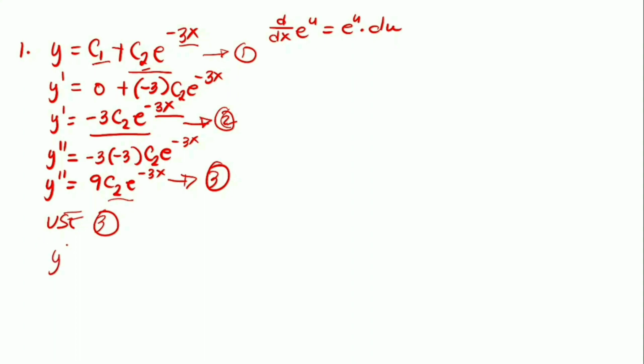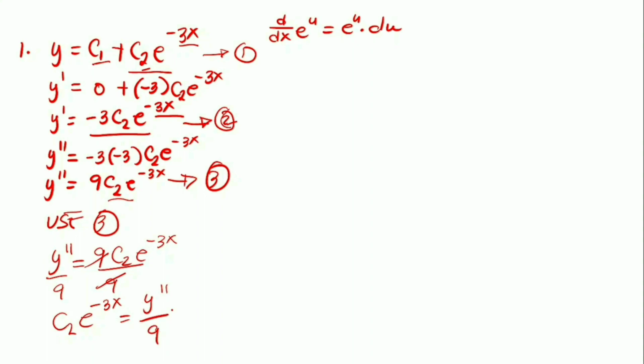So, y double prime, which is equation 3, is equal to 9 c sub 2 e raised to negative 3x. So, divide both sides by 9. Cancel. So, c sub 2 e raised to negative 3x is equal to y double prime over 9.